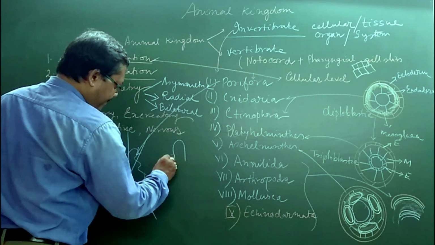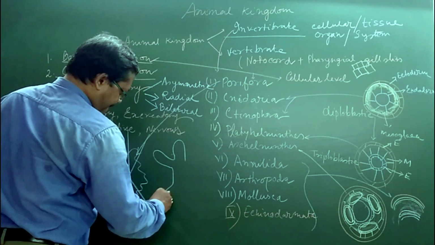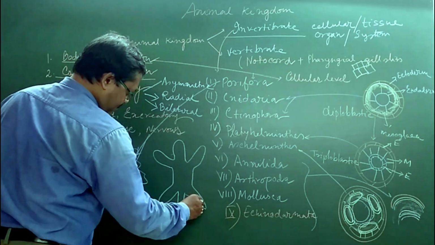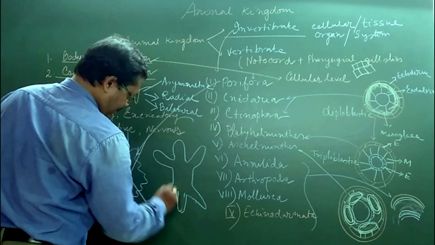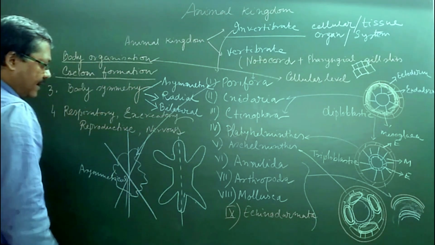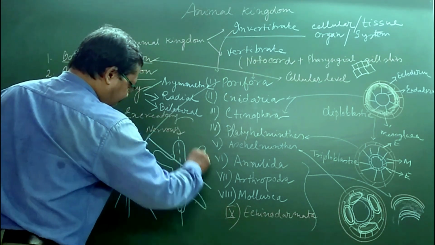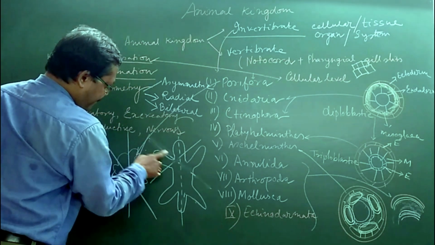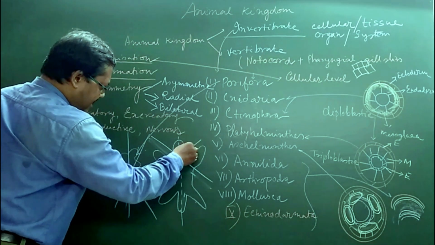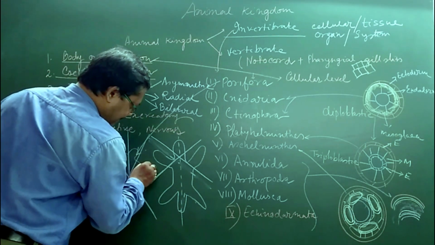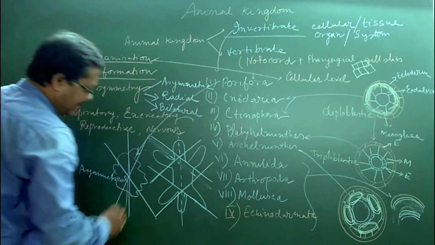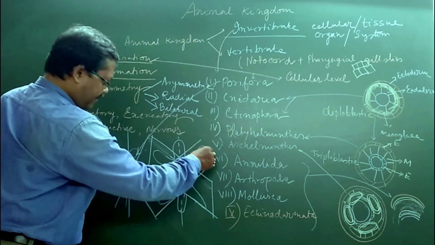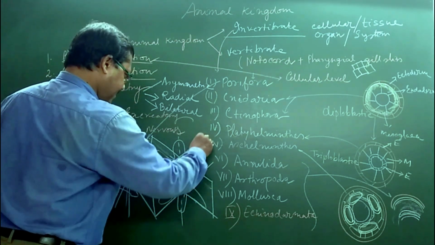Suppose we draw a structure. Then when we cut this body part and the section passes through the central axis, in this case, here we draw two planes.